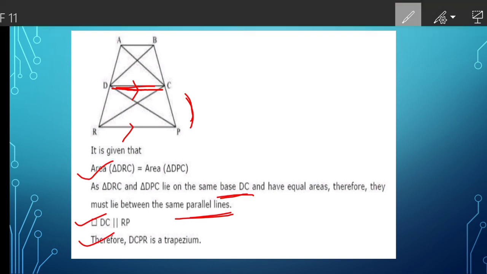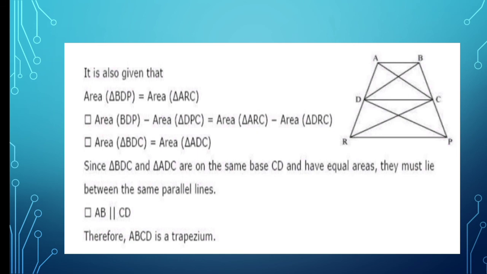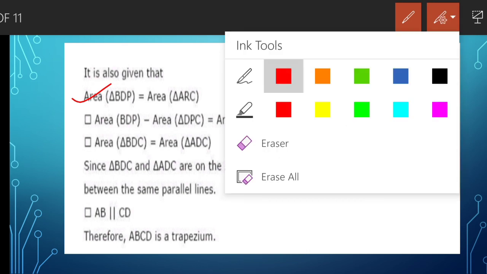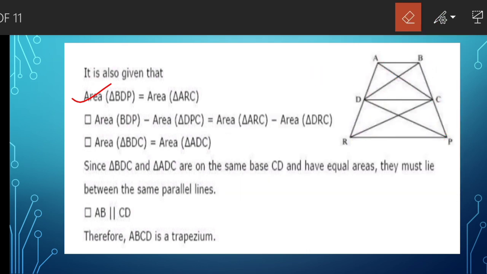Next we have to show that ABCD is a trapezium, but it is given that area BDP, this full area BDP, is equal to the left hand side full area of the triangle ACR. Now from these two parts we are going to individually subtract.